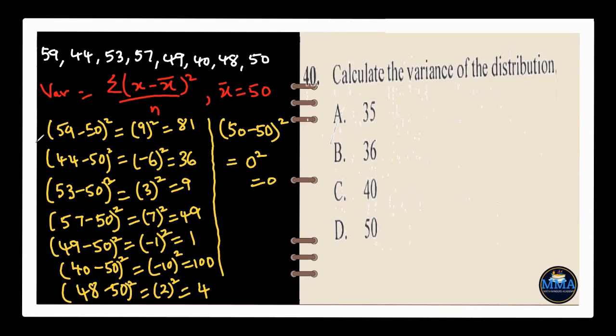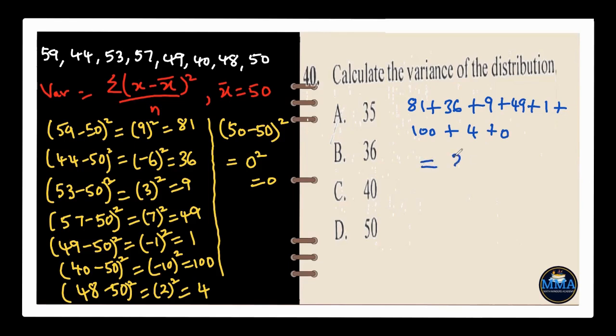Okay, now we are going to add up all these numbers. We are going to add up 81 plus 36 plus 9 plus 49 plus 1 plus 100 plus 4 plus 0.